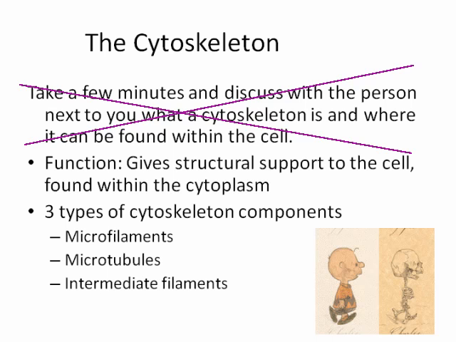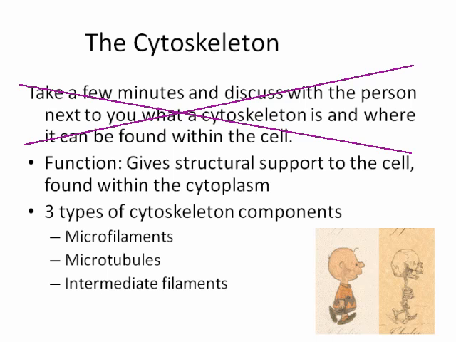What we want to talk about here for a few seconds, though, is the cytoskeleton. What exactly is going to give the cell its shape and support? What's going to keep that cell from collapsing in on itself?